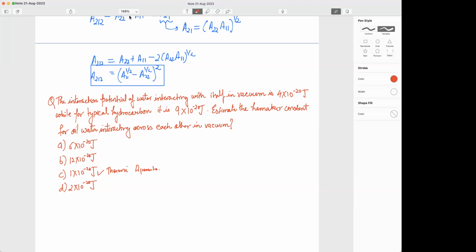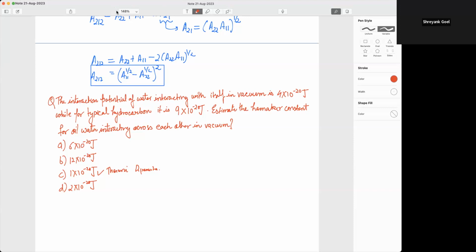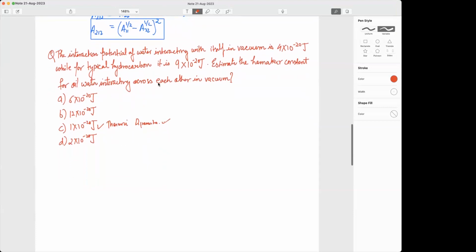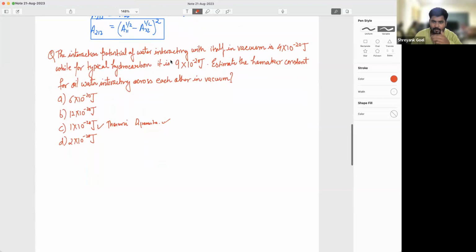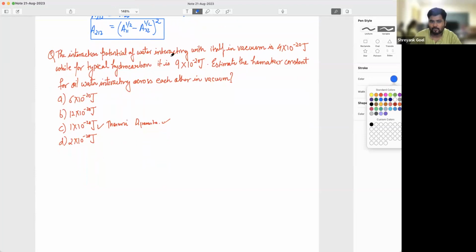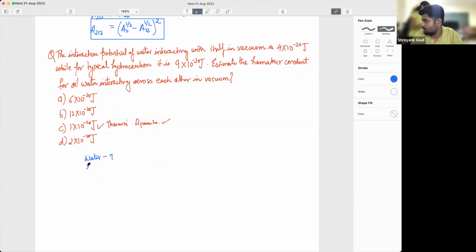Sir, hello. Yeah, it is C only. Let's see. So the interaction potential of water interacting with itself in vacuum is, let's say water is of the first kind and hydrocarbon is the second.